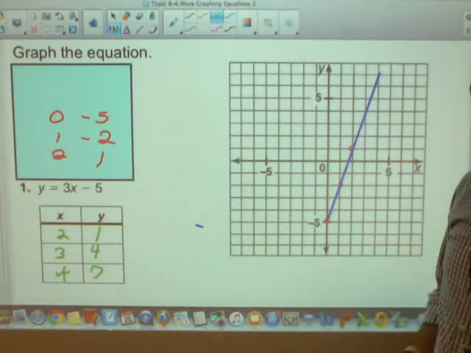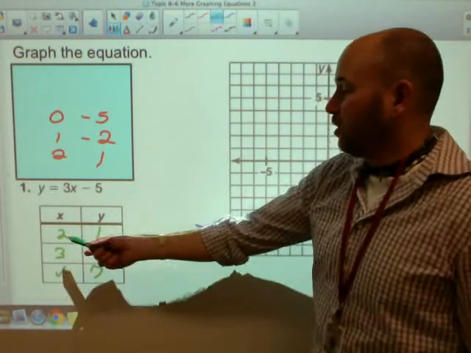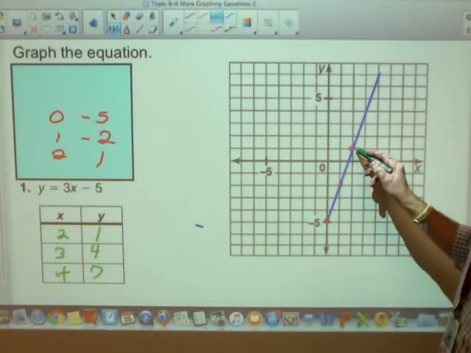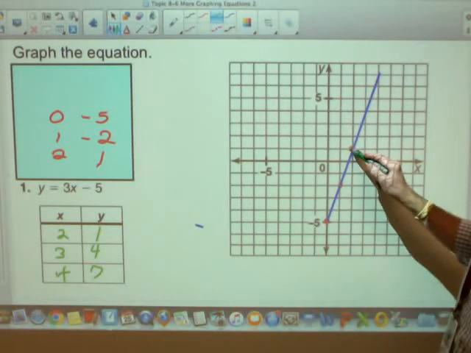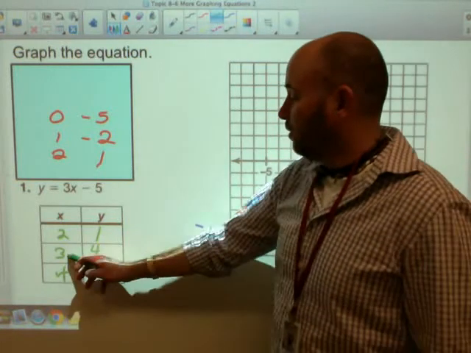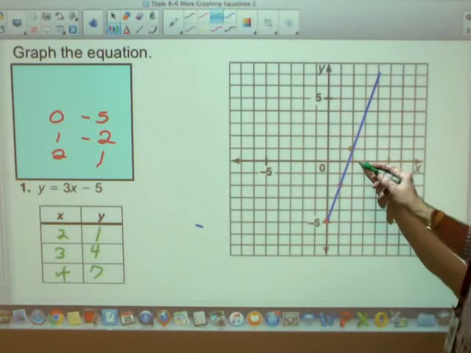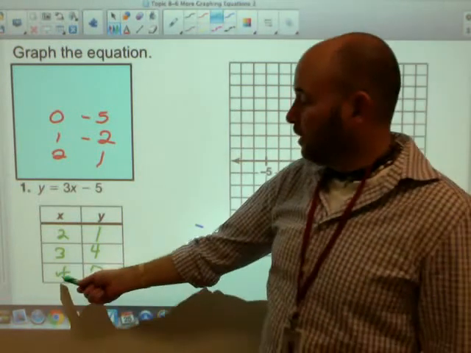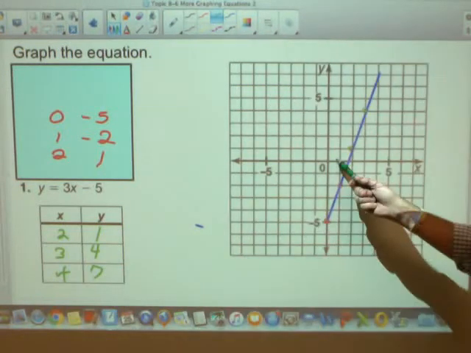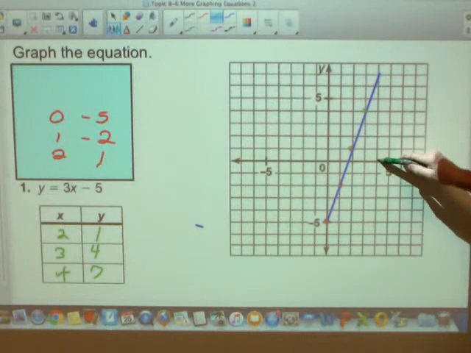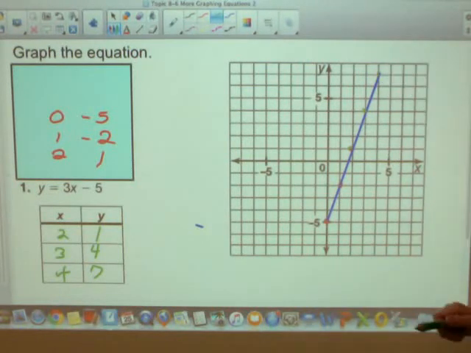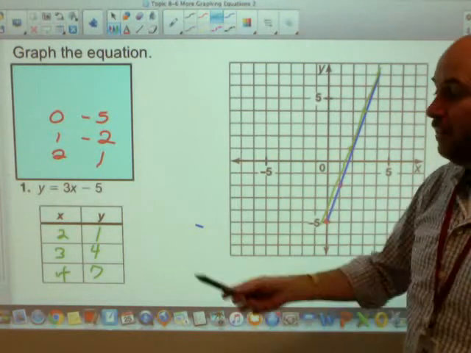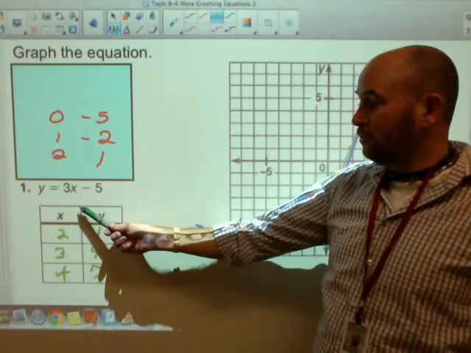Now watch what happens when I use these points. 2, 1. Then 3, 4. Then 4, 7. Isn't it interesting that those points are right there on that line, even if you chose different numbers.